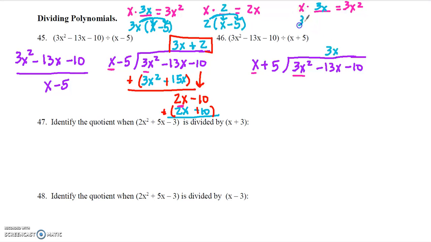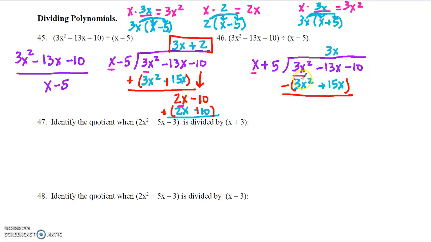And then again, I will go and I multiply 3x times my x plus 5. And I distribute. 3x times x will give me 3x squared. 3x times 5 will give me a positive 15x. And then I will go and subtract. Again, put this in parentheses. And I've got 3x squared minus 3x squared.